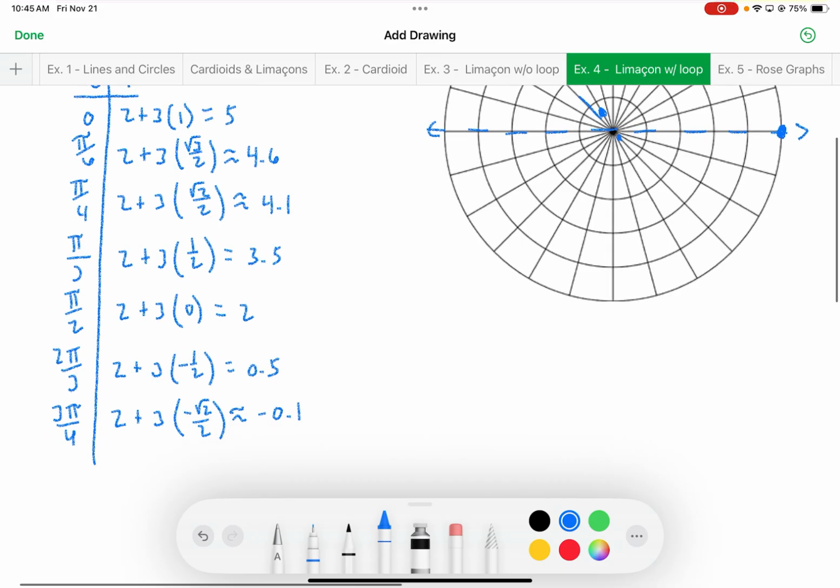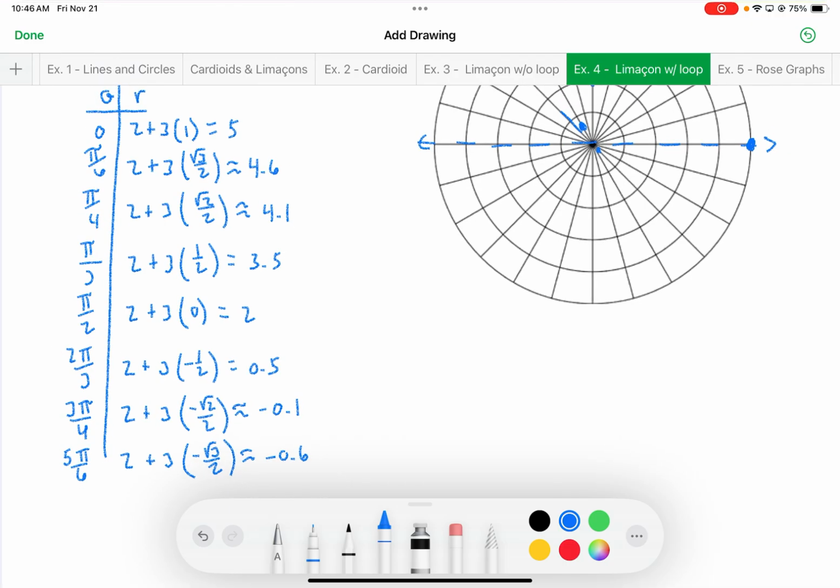All right, just a couple more. Let's go 5 pi over 6 next, or 150 degrees. Cosine of that is negative radical 3 over 2. This is going to approximate to negative 0.6. And that's going to place me right about here.